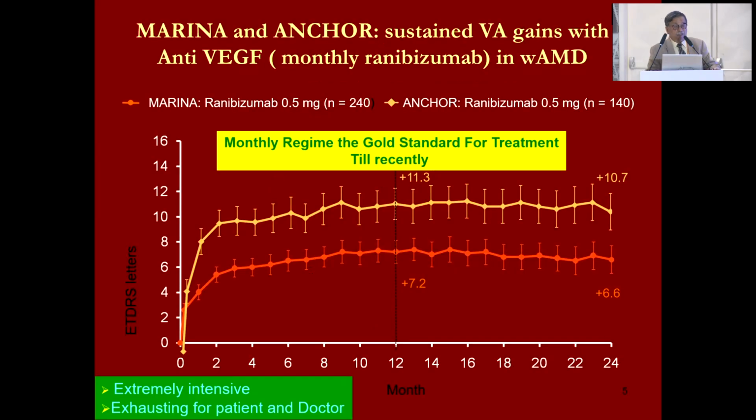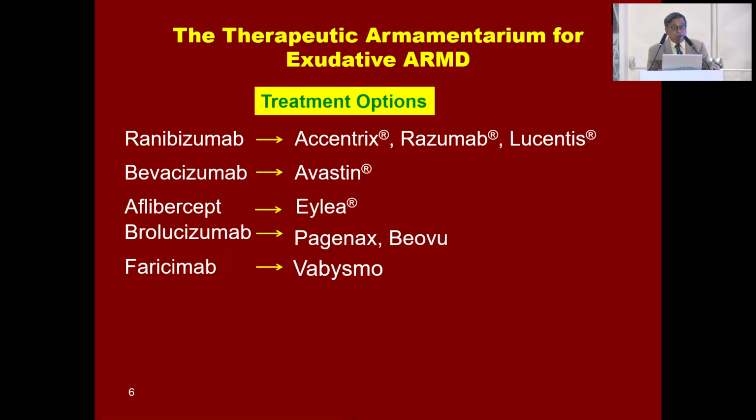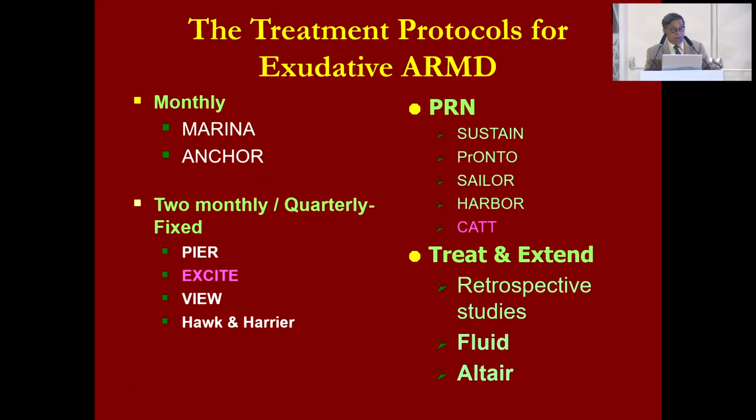Now, the good thing was that the MARINA and ANCHOR studies showed us that a monthly regimen of treatment with ranibizumab is very effective, not only in preserving vision, but in improving vision in these cases. However, this is an extremely intensive way of treating patients and is exhausting for both the patient and the doctor. Fortunately for us, today we have a large therapeutic armamentarium, including ranibizumab, bevacizumab, aflibercept, brolucizumab, and faricimab.